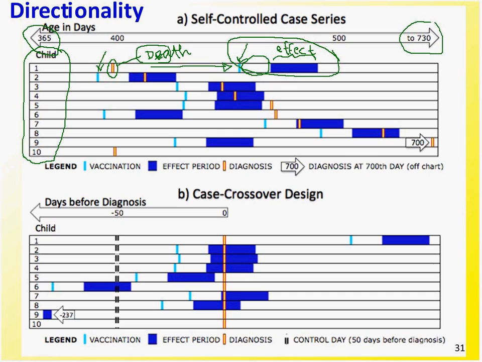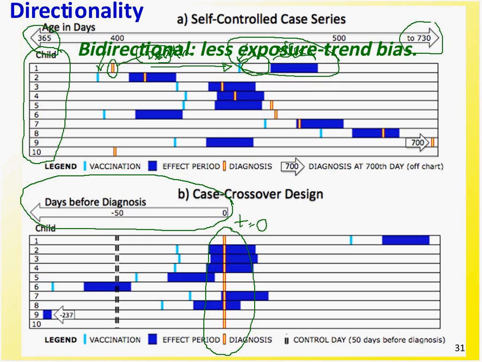In the case crossover version of the same data, time 0 is set equal to the time of onset of the diagnosis, and only the time before the diagnosis is used to calculate the exposure odds, so it's a unidirectional design. It depends on your situation.